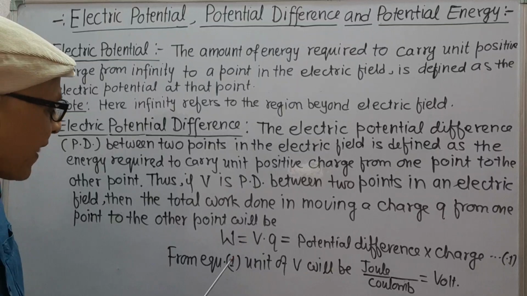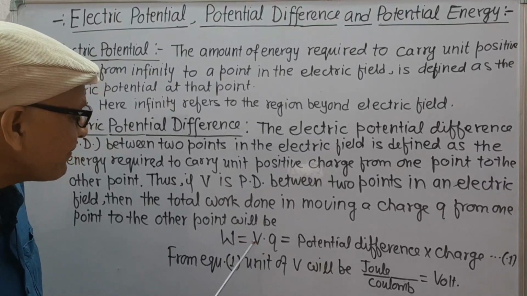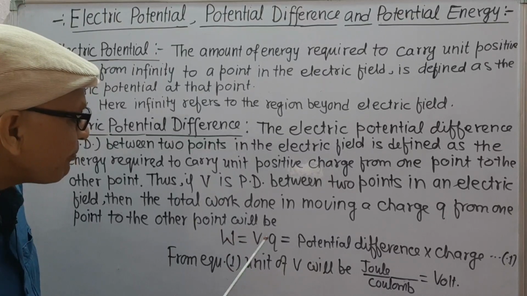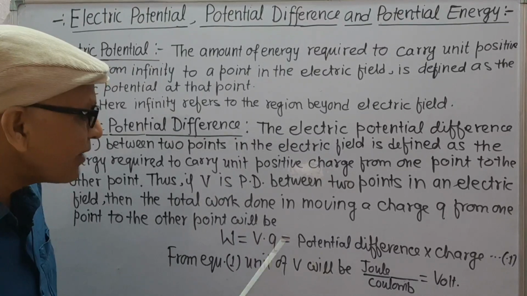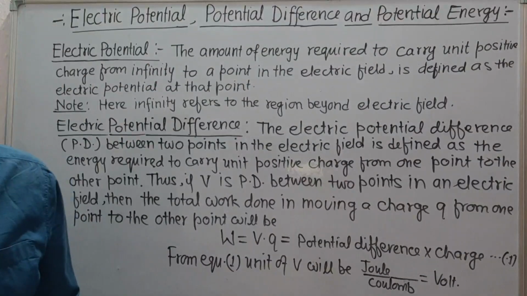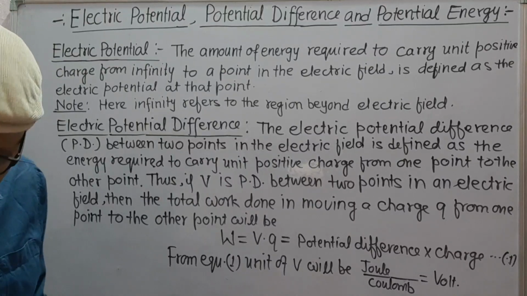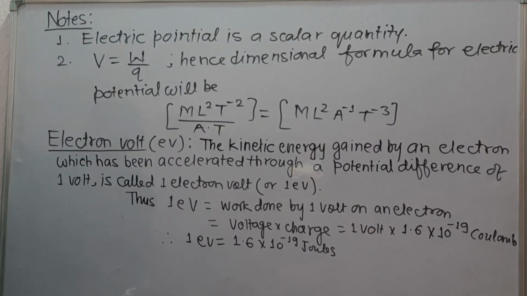From equation 1, the unit of electric potential V will be joule per coulomb, which is also known as volt. So, the unit of electric potential is volt. Notes: 1. Electric potential is a scalar quantity. 2. V = W/Q.